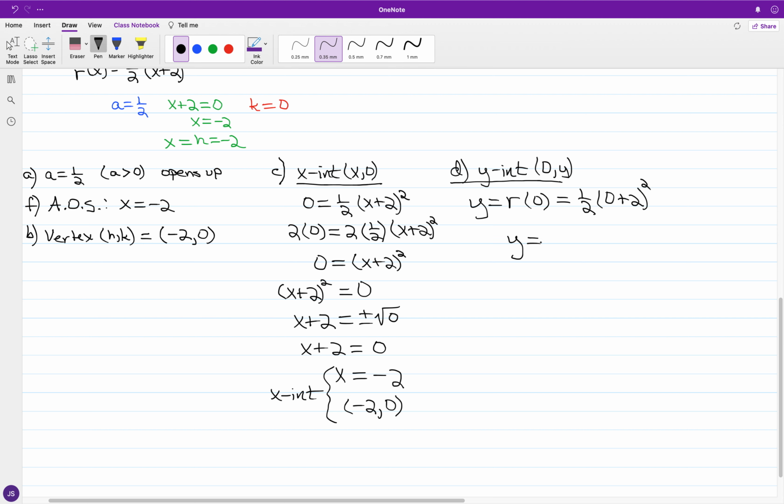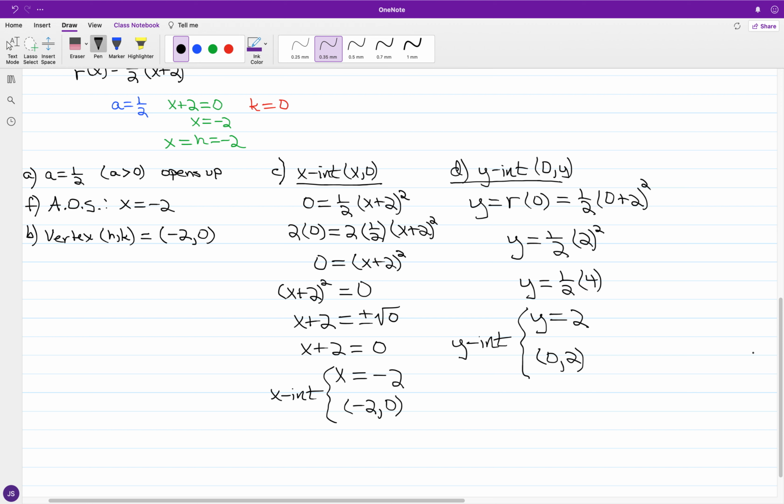Following through, 0 plus 2 is 2, and 2 squared is going to be 4. And so we have 1/2 of 4 is equal to 2. So our y-intercept is going to be at y is equal to 2, and as an ordered pair, we come out to (0, 2).